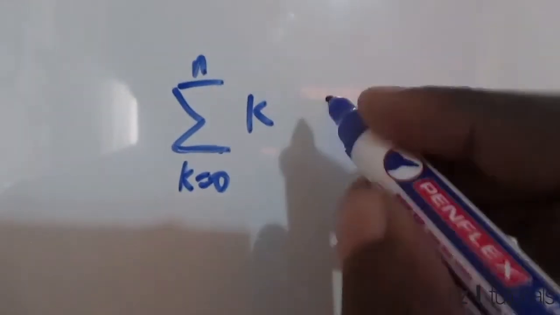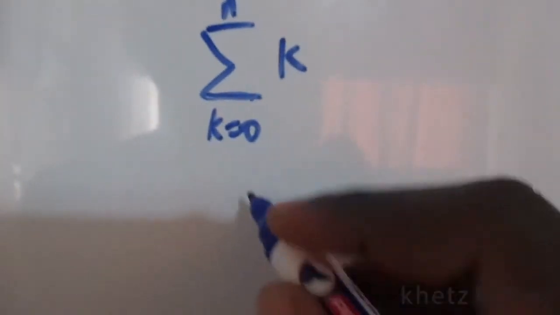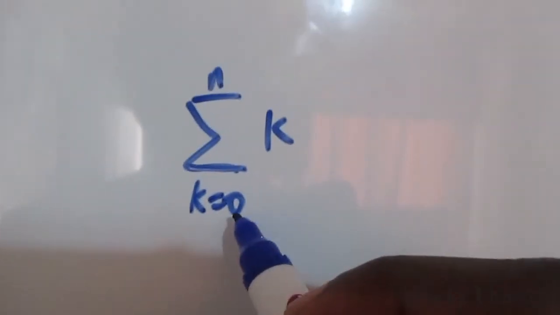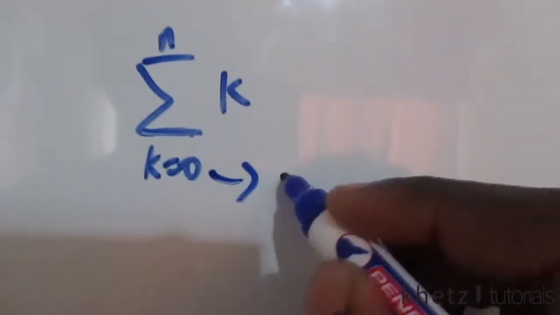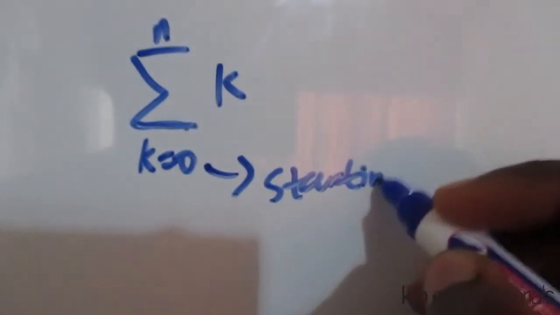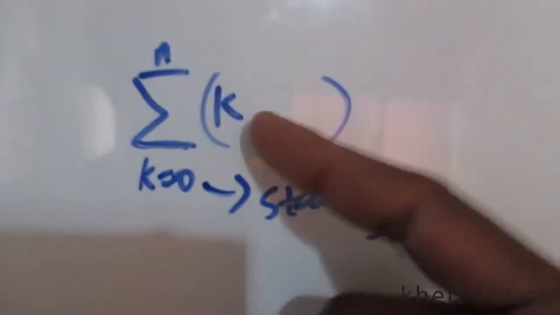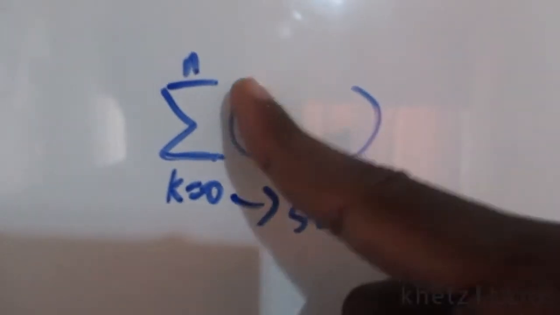So this can be said to be the summation of the values which you substitute from 0 up to n. So this is your starting point. Here you're basically going to have a formula, whatever formula you have here.